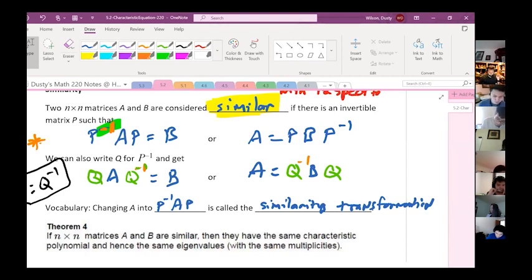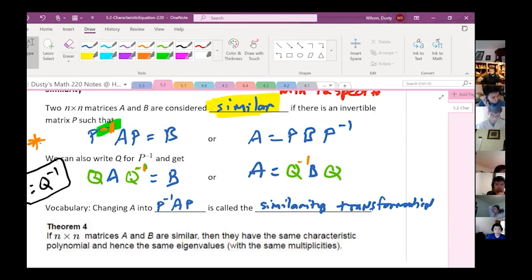Okay, so again, we haven't really done anything with it. We've just introduced this new idea. So we're saying we got these two matrices A and B. They're similar, and I haven't done any sort of proof, but I'm just telling you that's basically the same transformation, just with respect to a different basis.